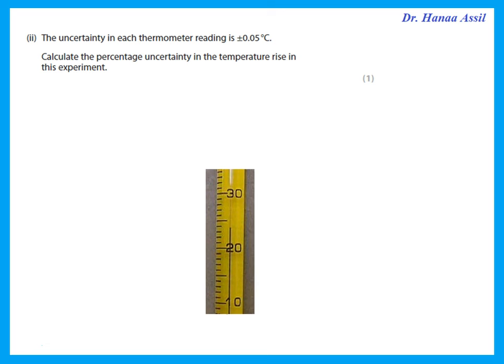So you're actually having this uncertainty twice. To get the percentage uncertainty, it is 2 times the 0.05 over the reading we're talking about times 100, because this is a temperature difference. 13.2 is the temperature rise. So this gives me a percentage uncertainty of 0.76%.